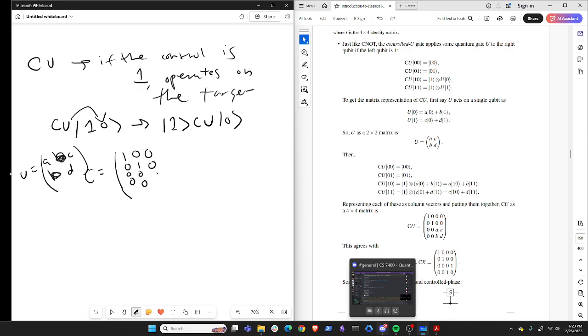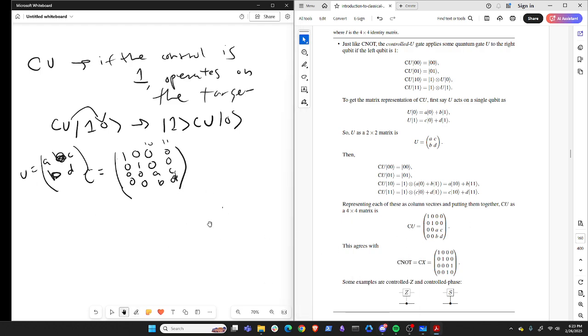But when we get down into our 1, 0 and 1, 1, it will impact the second qubit by applying this U matrix. And again, U could be a rotation. It could be a number of things, which we'll look at in some of the examples.